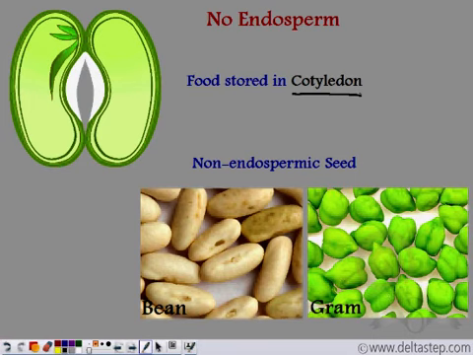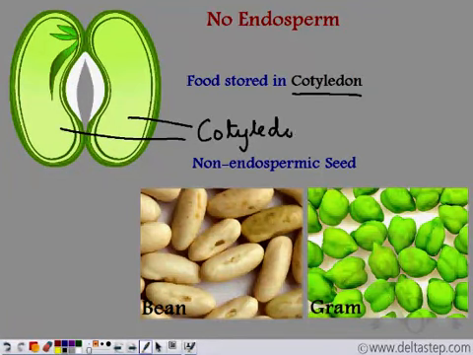So, the food is stored in the cotyledon. So, such seeds in which endosperm is not present are known as non-endospermic seeds. Examples of such seeds are beans and grams.